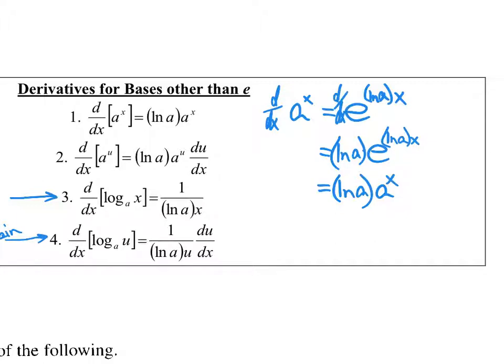The derivative of anything else to a power is whatever it is to the power, but times ln of the base. It's just like e to the x, where you write it down identical to how it was, but you also have to multiply by ln of the base.